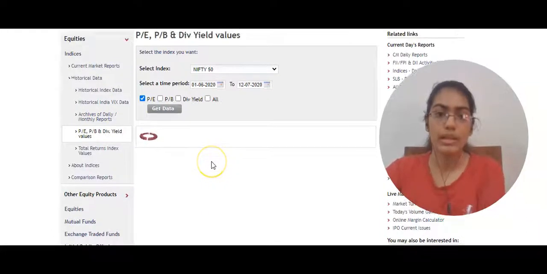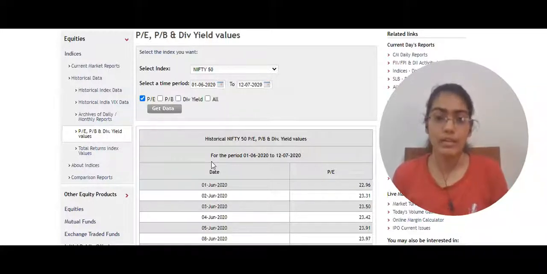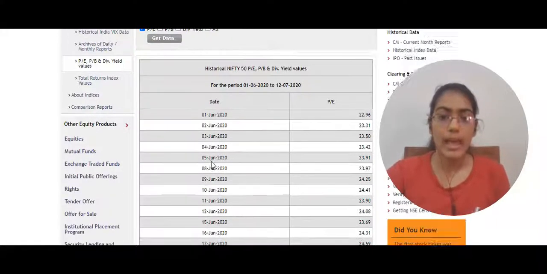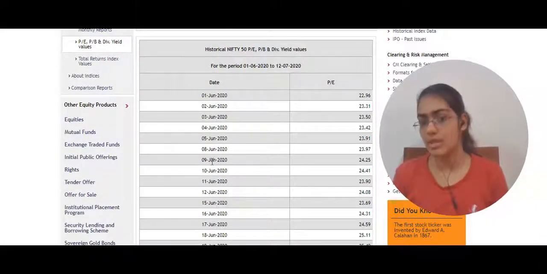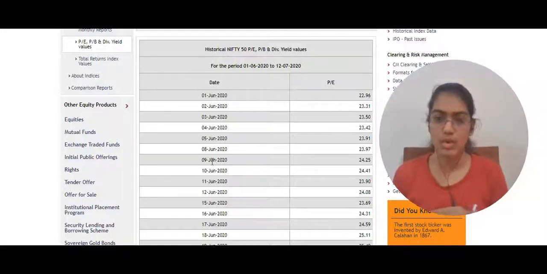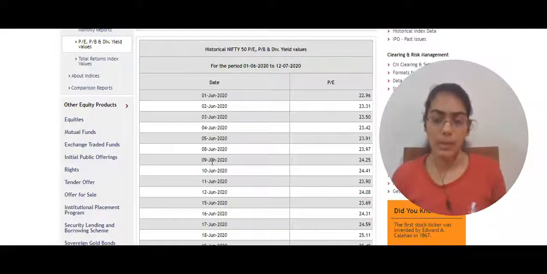While it's loading, let me tell you that through statistics, reading, and watching videos, I've learned that when the NSE PE is above a certain range, say about 21 to 22, it's usually said that the index is overvalued. And when it's below 16, it's said that the index is undervalued.